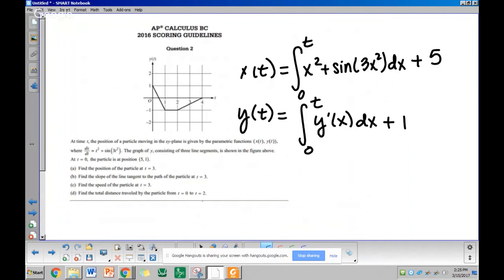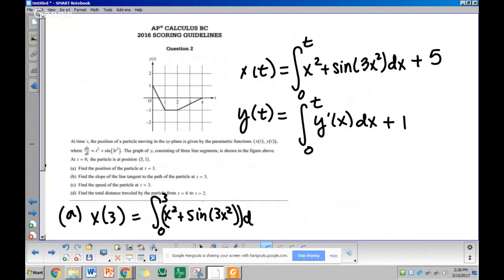So we're going to use these integrals, and this you cannot integrate by hand. So you're going to type that integral in your calculator. For part A, we're going to do x of 3 equals the integral from 0 to 3 of x squared plus sine of 3x squared dx. You're just going to do it on the home screen. You just have to be in radians.